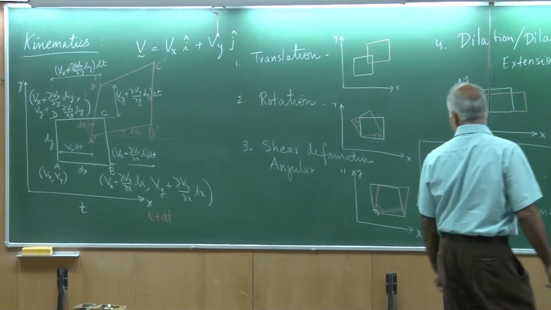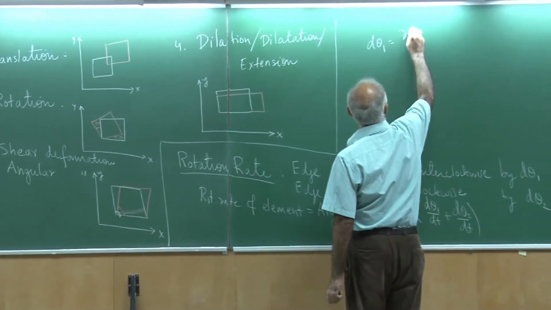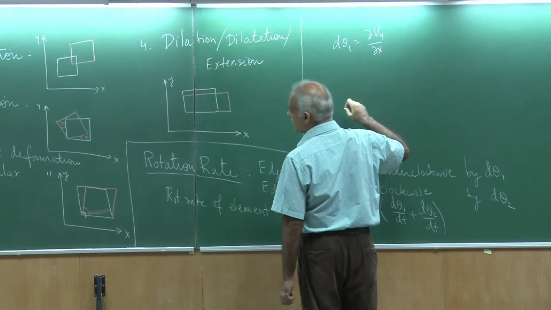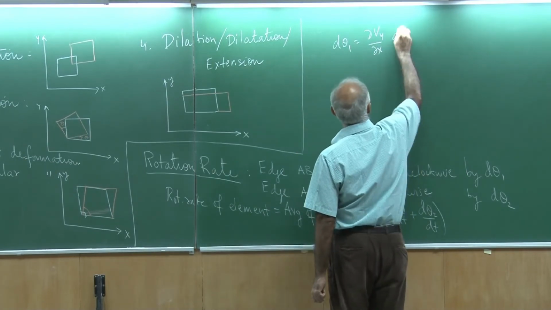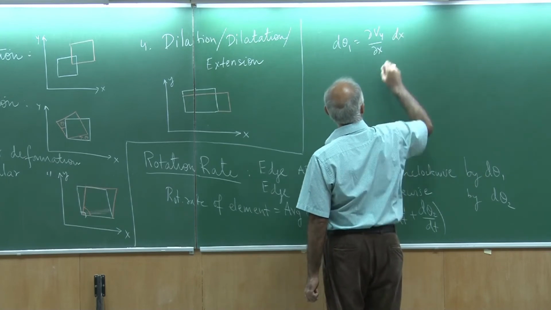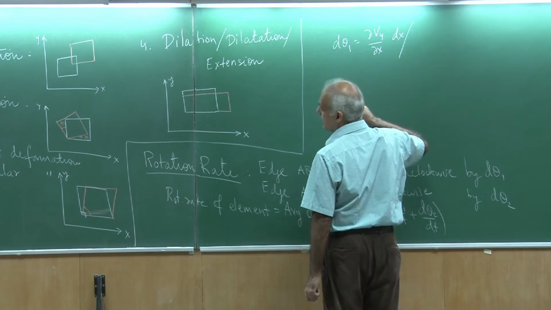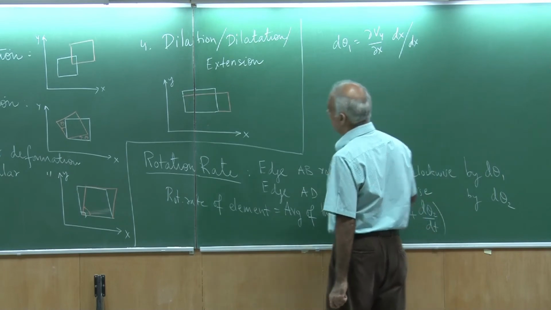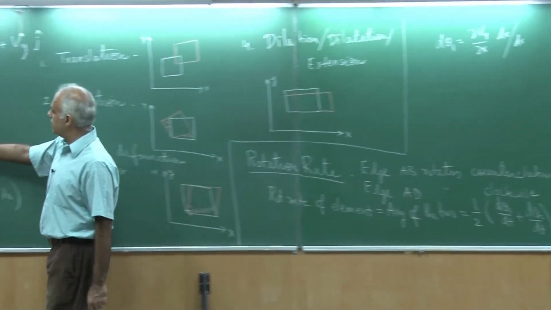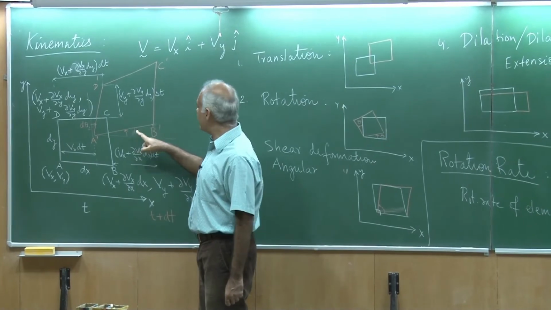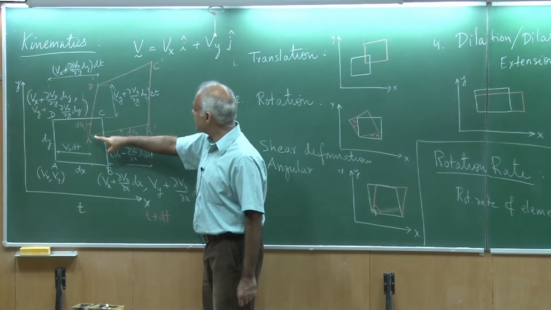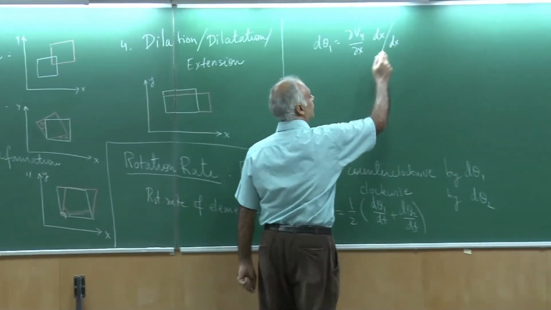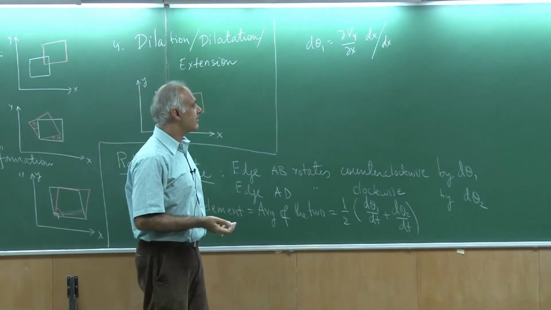So, I could say that d theta 1 is simply del V y by del x times dx, and this whole thing divided by dx. So, I have approximated, because this angle is small. I could approximate d theta 1 as simply tan inverse of the vertical distance by the horizontal distance, and that in turn I have approximated by dx, although this would be dx prime, but those are second order effects.